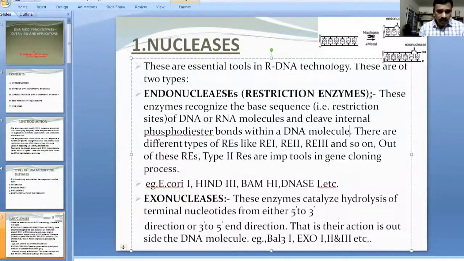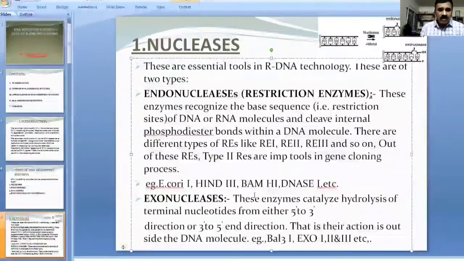Let me give the examples. You can see here EcoRI, one type of restriction enzyme, type 2, HindIII, BamHI, DNase I, etc. Okay, that is about the endonucleases. And the second type of nucleases are exonucleases.